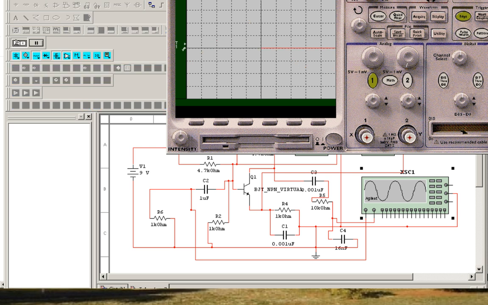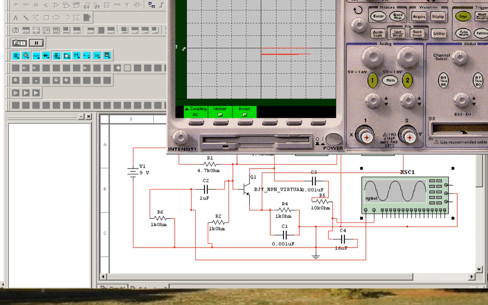Now, being that it's ideal, you can see there's just, it's like there's not much there. There's a little spike there.